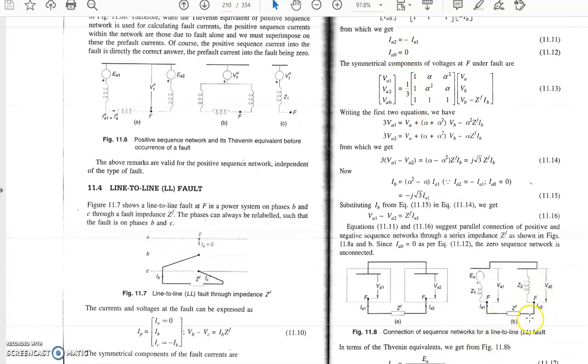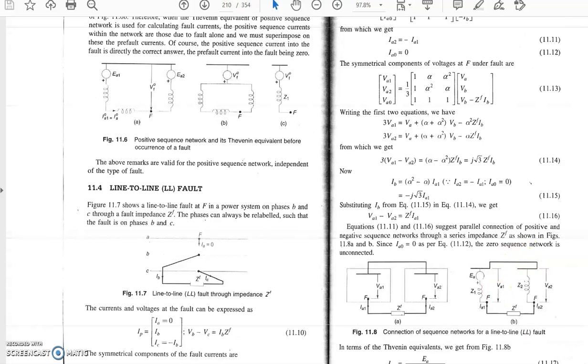This equation is satisfied. IA0 is 0: there is no connection from the zero sequence component. So IA0 is 0, and VA1 minus VA2 equals ZF IA1. This is the voltage VA1, this is the voltage VA2. If you apply KVL here, VA1 minus VA2 equals ZF into IA1. So our equations are satisfied from this connection.